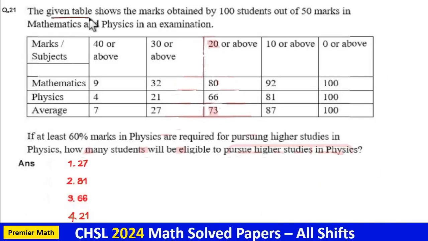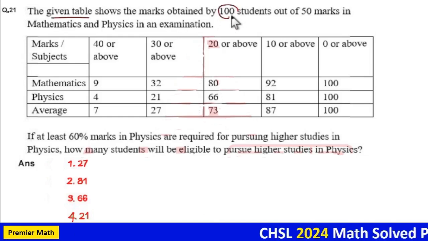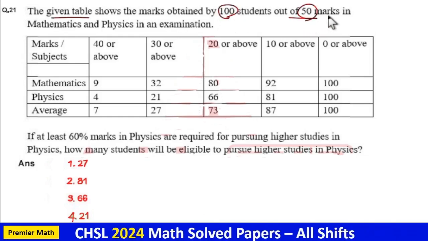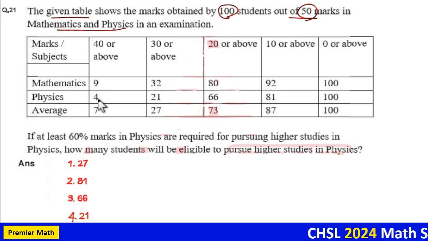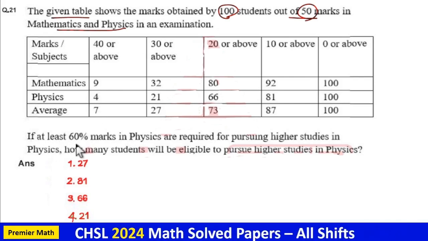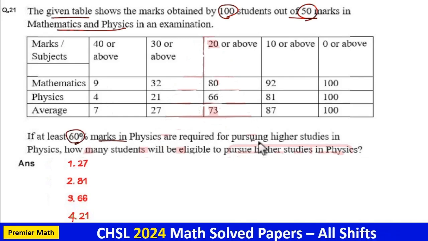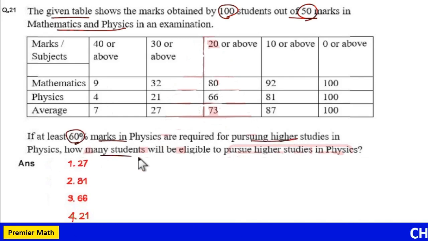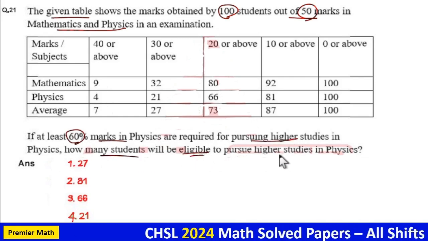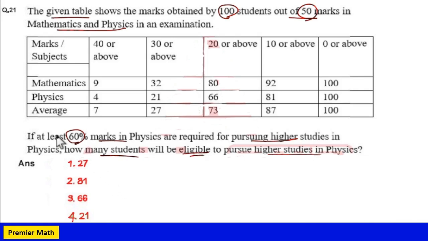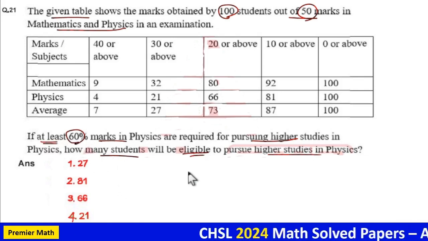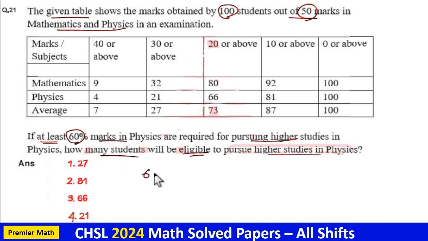The given table shows marks obtained by 100 students out of 50 marks in mathematics and physics examination. If at least 60% marks in physics are required for pursuing higher studies in physics, how many students will be eligible to pursue higher studies in physics? Here, the required mark is 60%.